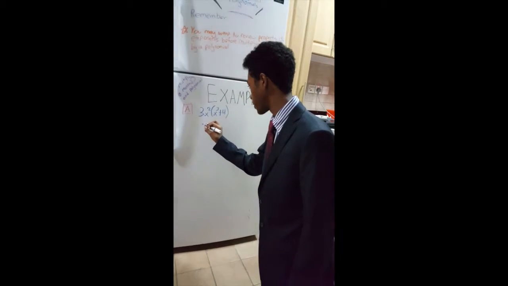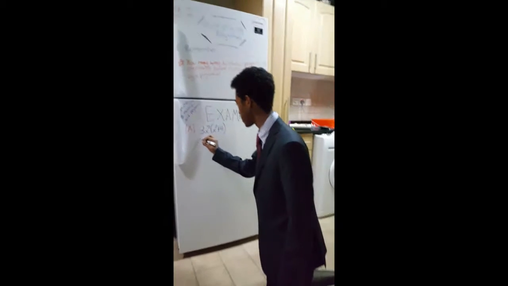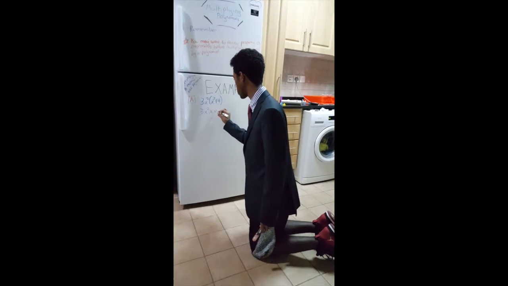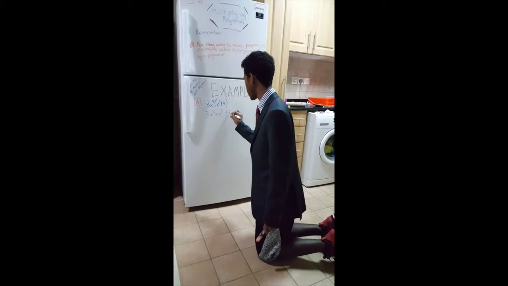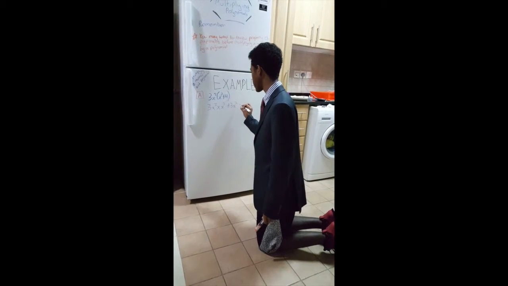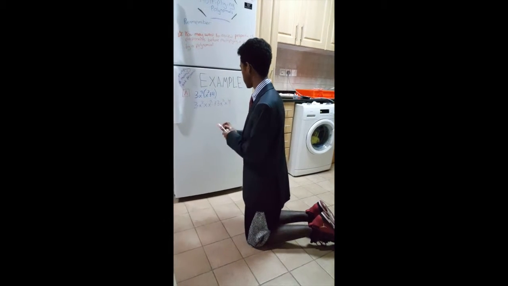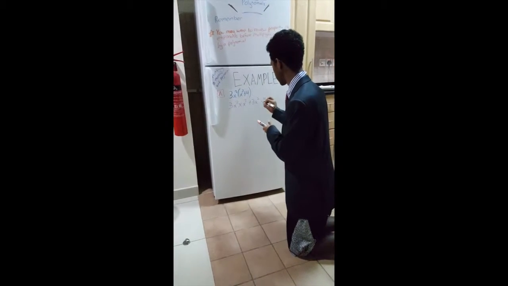First, we're going to expand this, so it's going to be 3x squared times x cubed plus 3x squared times 4.